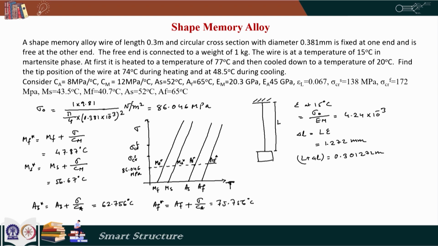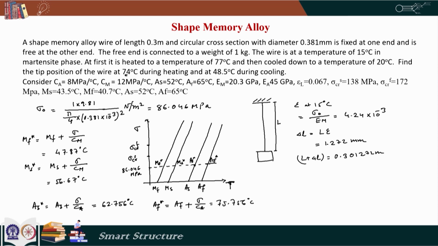So, we are supposed to find out the tip position of the wire at a temperature of 74 degree centigrade, and 74 is between A star and AF star, because our A star is 62 and AF star is 75.756. So, 74 is in between that. So, when I want to find out my strain or the tip position, I need to take care of the fact that at that time austenite formation is taking place.